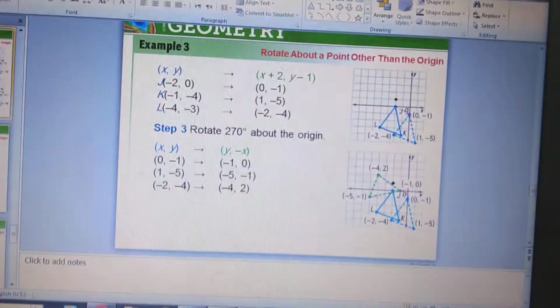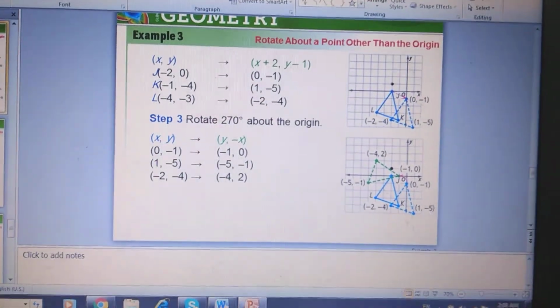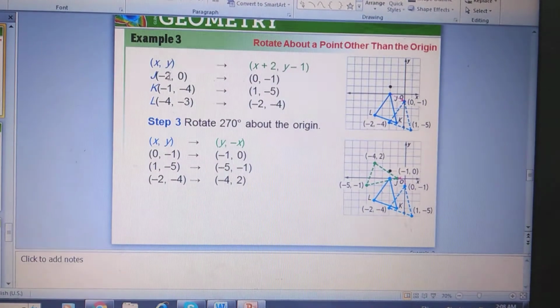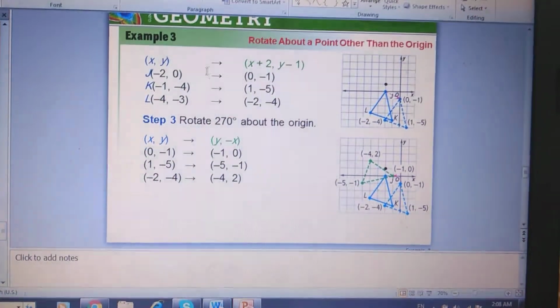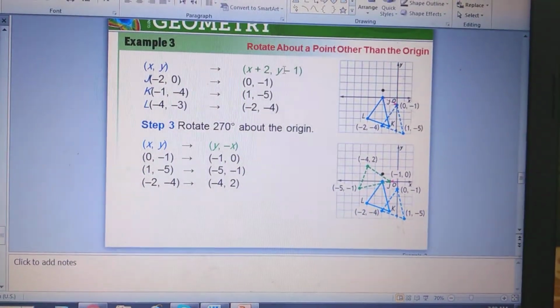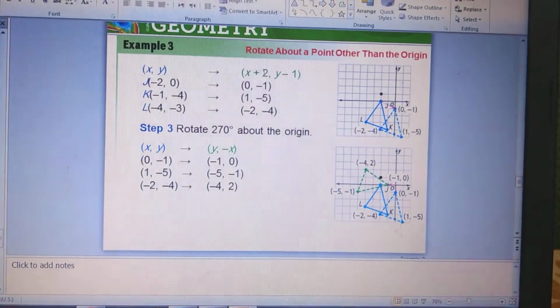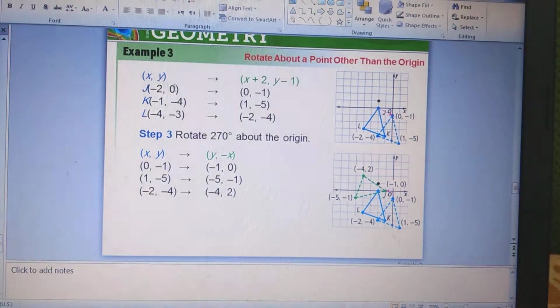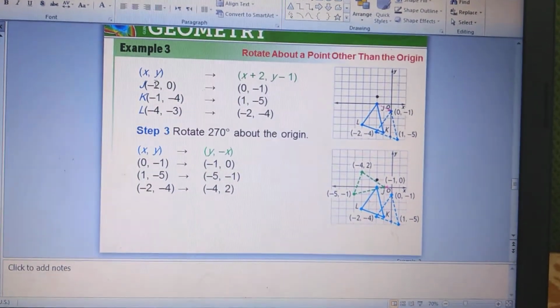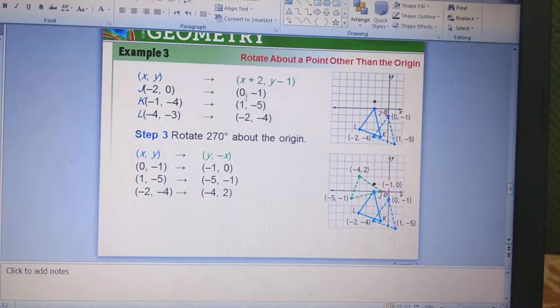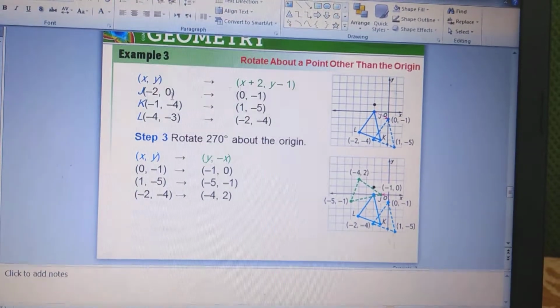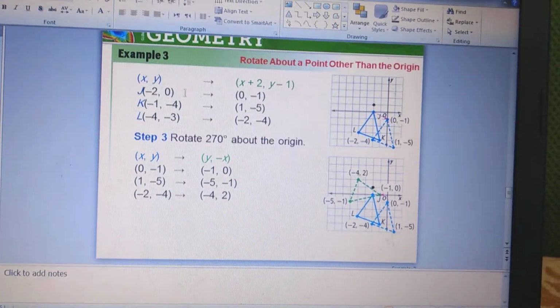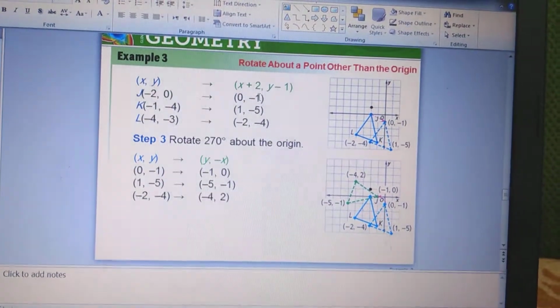vector, like here. You see, J (-2, 0). When I use the vector (2, -1), I add 2 to the x coordinate and I subtract 1 from the y coordinate. The new point will be -2 plus 2, it is 0; 0 minus 1, it will be -1.